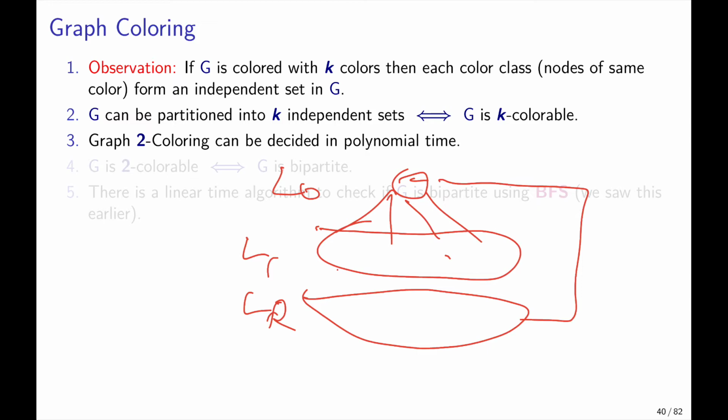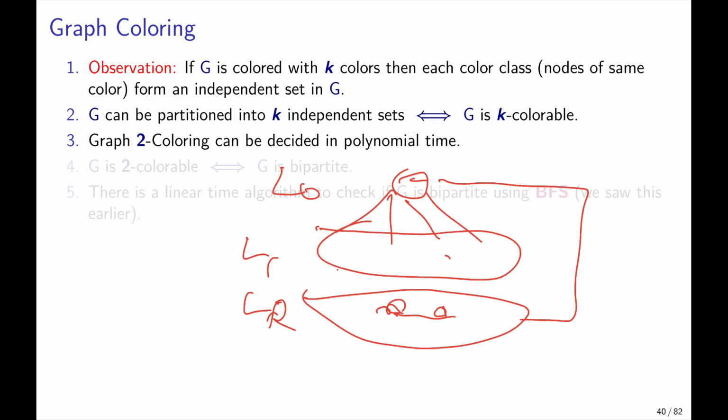And a graph, of course, is not two-colorable if there is a cross edge, an edge between two vertices in the same layer, because then you are not going to be able to color it with two colors.